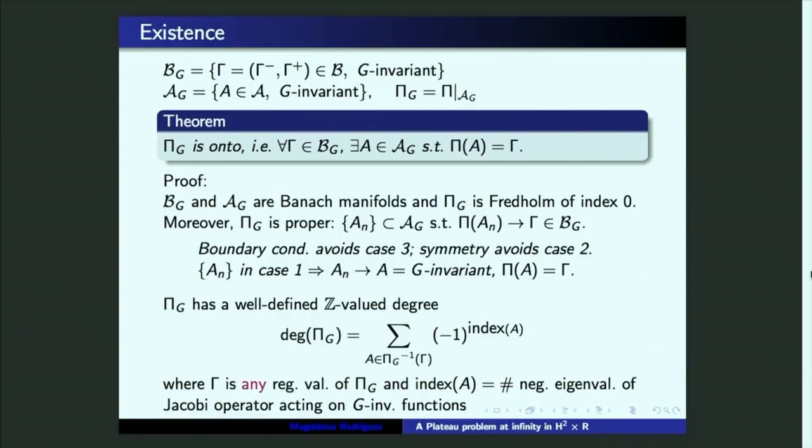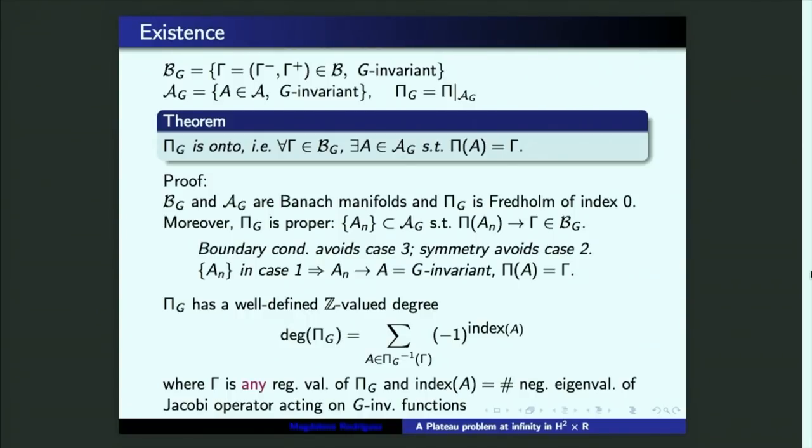So what we have to prove in order to finish is two things. First, that there's at least one regular value in such a way that you have something in the pre-image by the projection, because otherwise you have nothing to add there. It makes no sense. And once you have that, you have to look for some other value in order to say that this degree is different from 0. If this is different from 0, it's always different from 0.